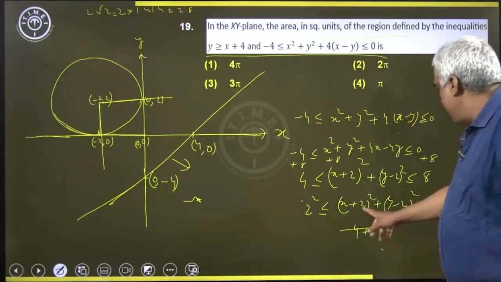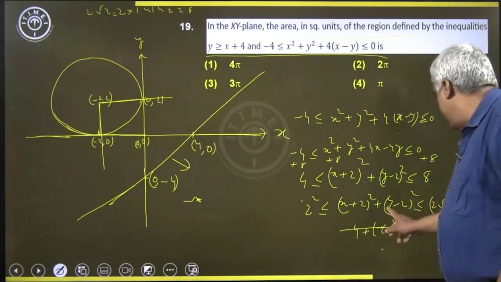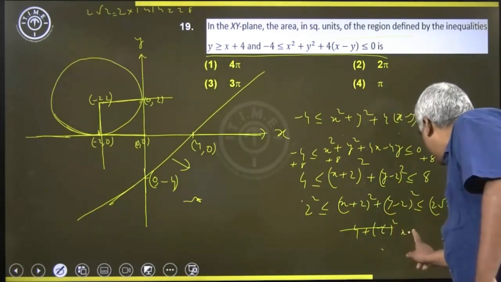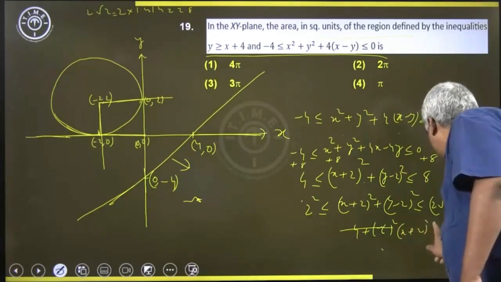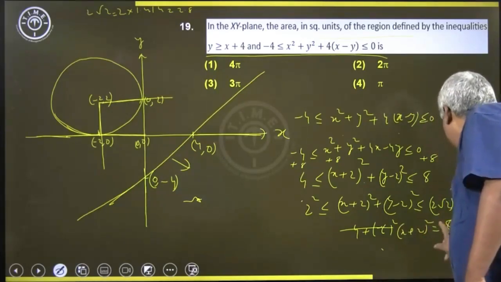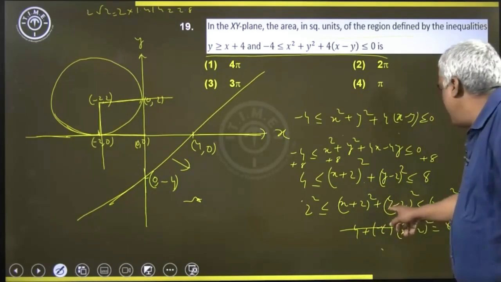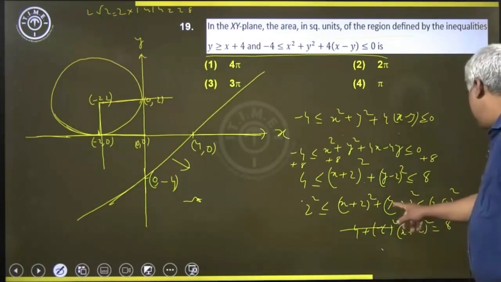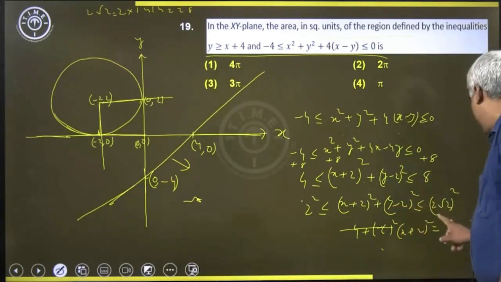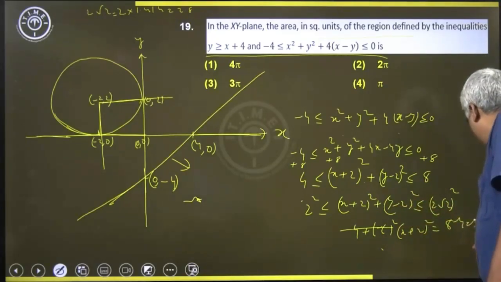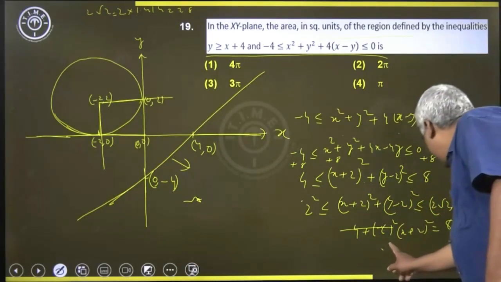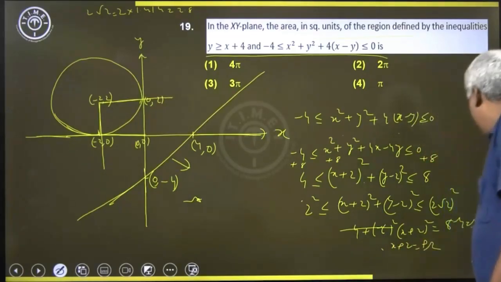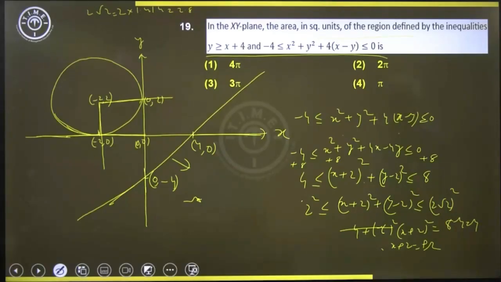If I put y equals 0, then (x+2) squared is equal to 8, and for y, putting 0, 0 minus 2 squared is 4, so it will be 4, right. So x plus 2 will be plus or minus 2, so x will be (4, 0), okay.